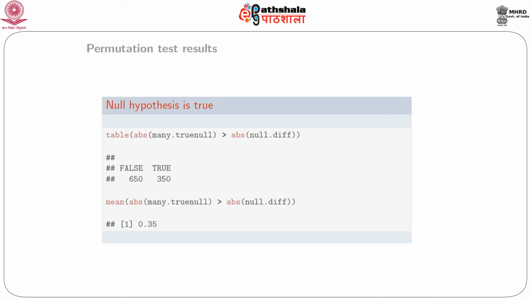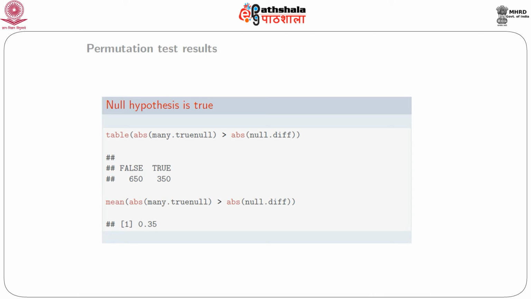Then we can calculate how many absolute values of many dot true null are greater than our computed null difference from the data set, and it comes out that 350 of them are greater, among the permuted many dot true null. So, the absolute value of 350 of those, or 35% of those, are greater than the absolute value of the null difference that we have got from our data.